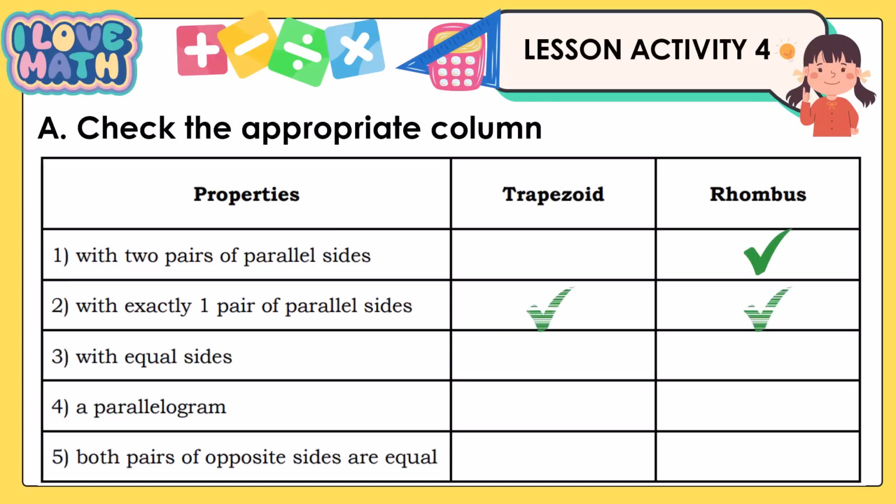The answer: trapezoid and rhombus. Number 3, with equal sides. The answer: rhombus. Number 4, a parallelogram. The answer: rhombus. Number 5, both pairs of opposite sides are equal. The answer: rhombus.